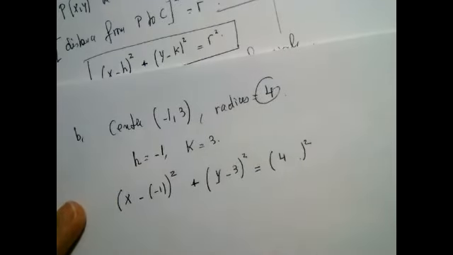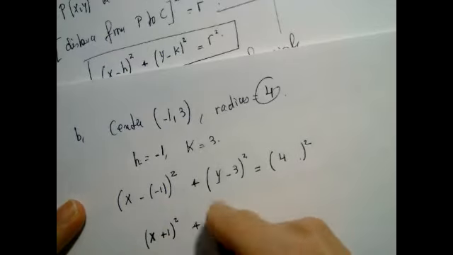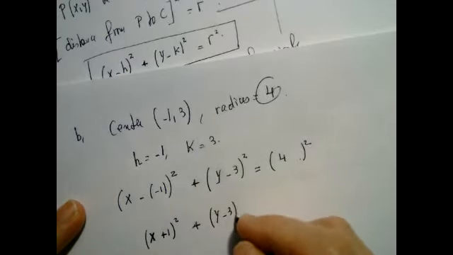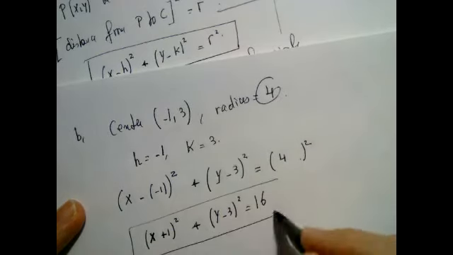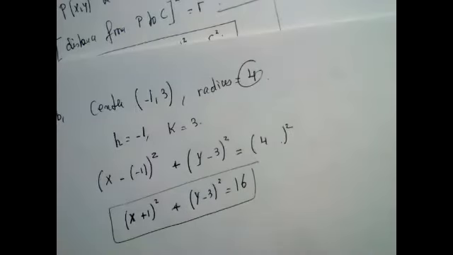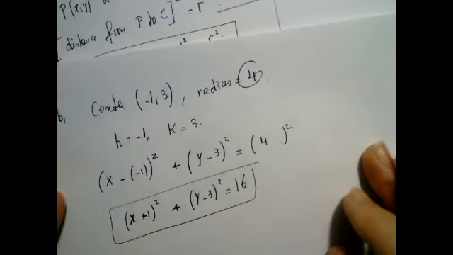So the equation will become (x plus 1) squared plus (y minus 3) squared is equal to 16. And that's the equation of the circle. It means that's what relates the x and the y.